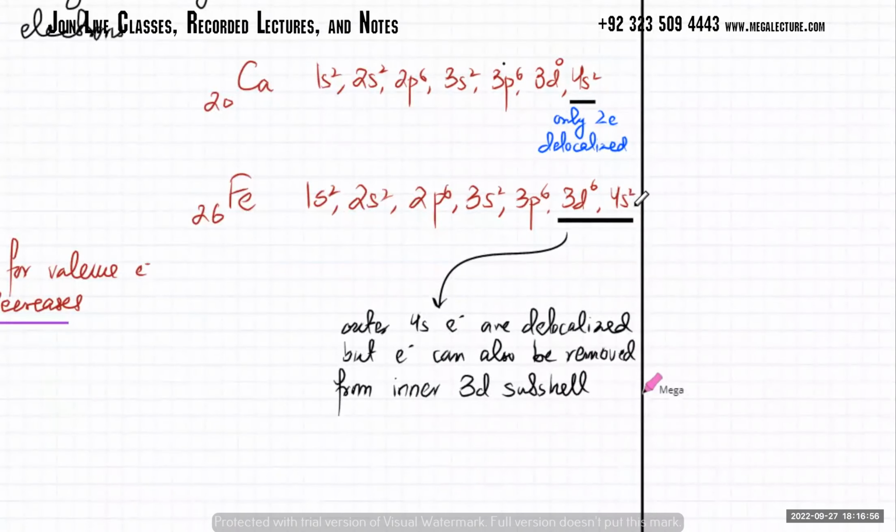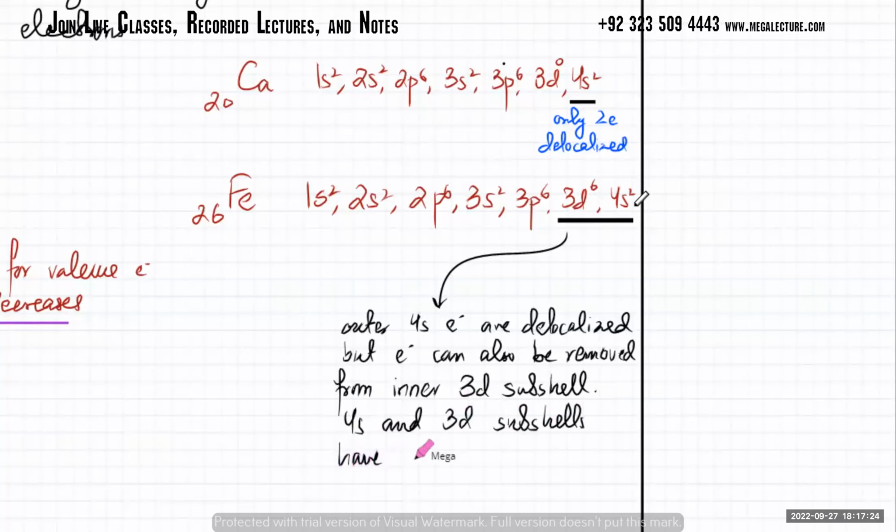And if they can be removed from the inner 3d subshell, you'll have variable oxidation states. And what's the reason why they can be removed? Because the 4s and the 3d have almost the same energy level. They have very similar energy levels.